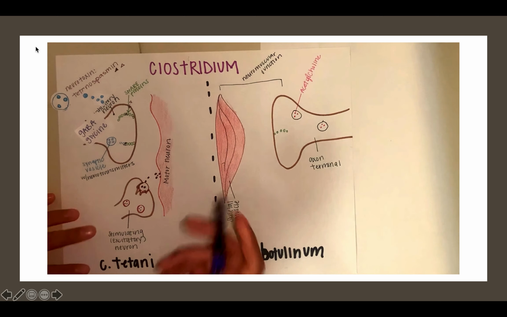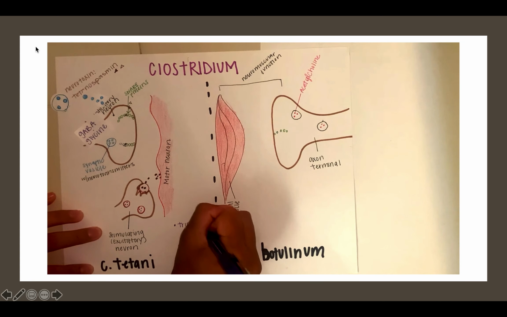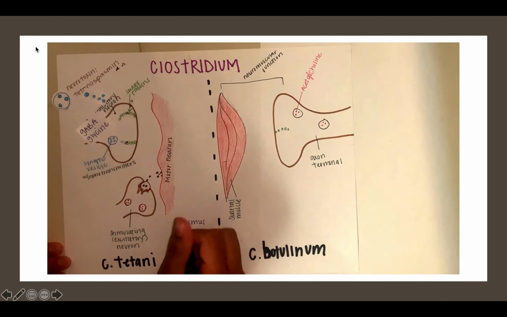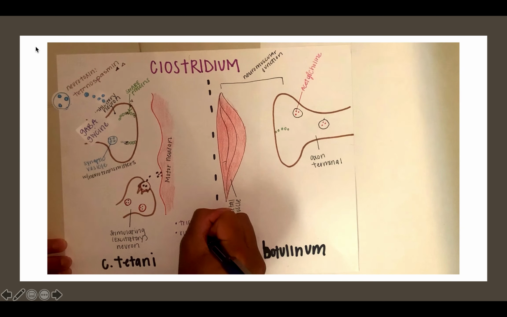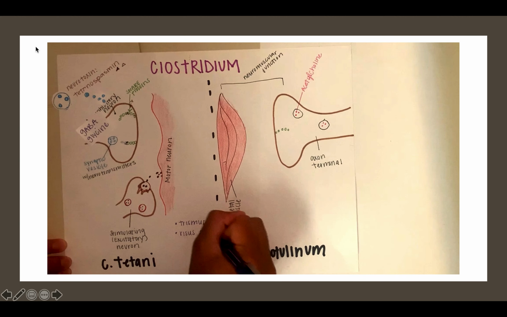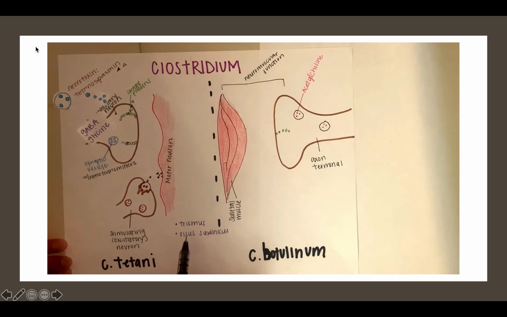And when this isn't acting normally, these few things happen. As we know, trismus happens, and this is lockjaw. Risus sardonicus, and this is just a severe grin. I'm going to draw a face like that.